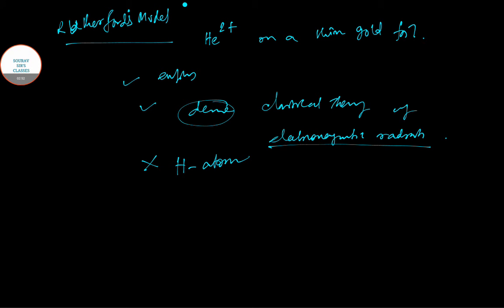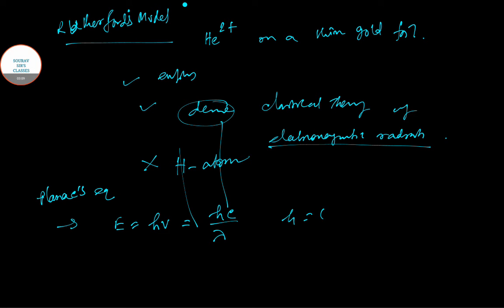Now I will go to another important part of atomic structure, which is Planck's equation. In Planck's equation, E equals hv, which is hc by lambda, where h is 6.625 into 10 to the power minus 34.